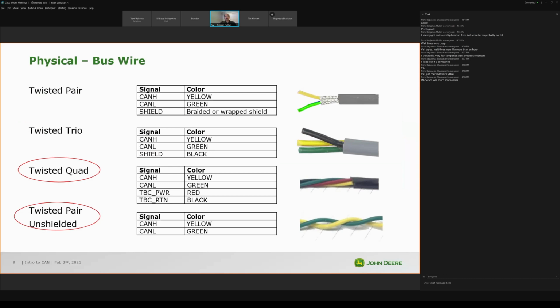So the twisted cord is coming from ISO, that's primarily for the agriculture, and twisted pair has recently been added into the ISO. And we moved into the twisted pair.